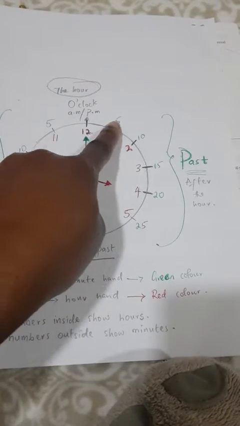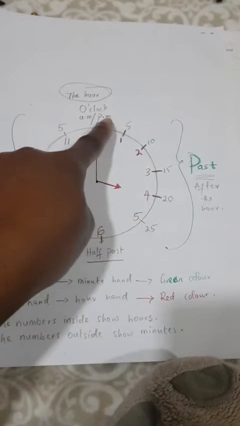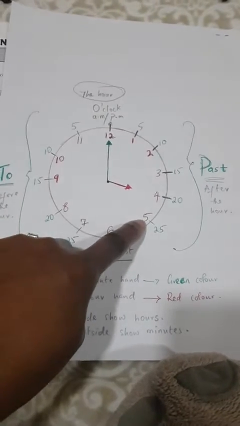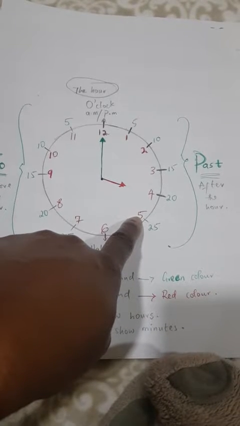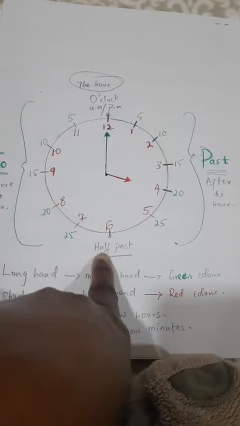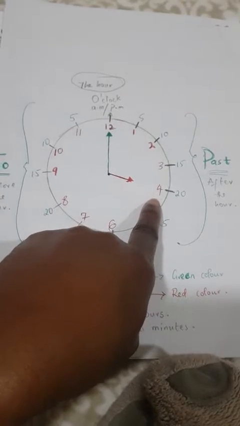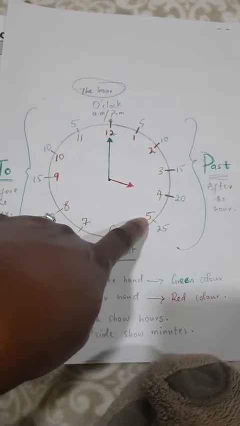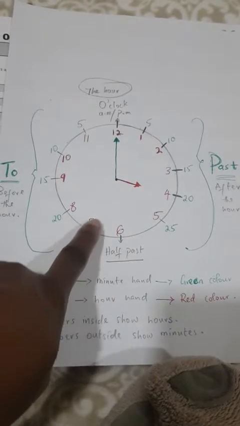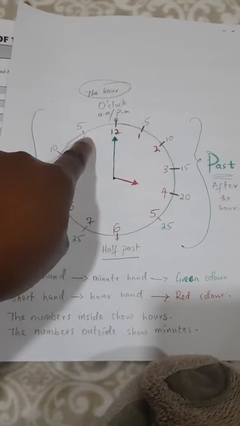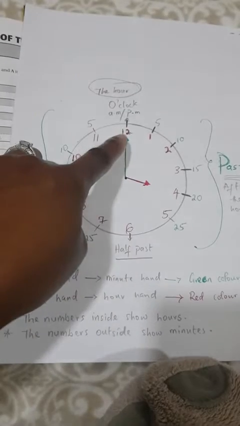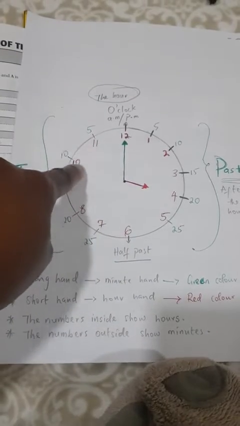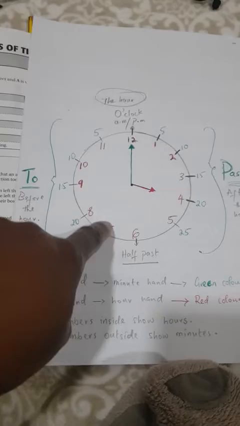So any time from this part of the clock, from 1 to 5, is past. 6 can be included, but 6 has a special name, which is why I'm not including it here. 1 to 5 is past. 7 to 11 is to. When the long hand is on any of these numbers on this side, you say past. When the long hand is on any of these numbers on this side, you say to. Okay?